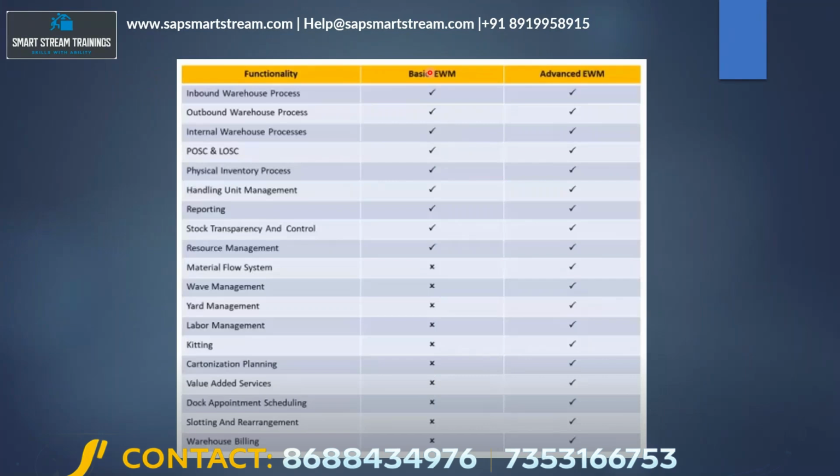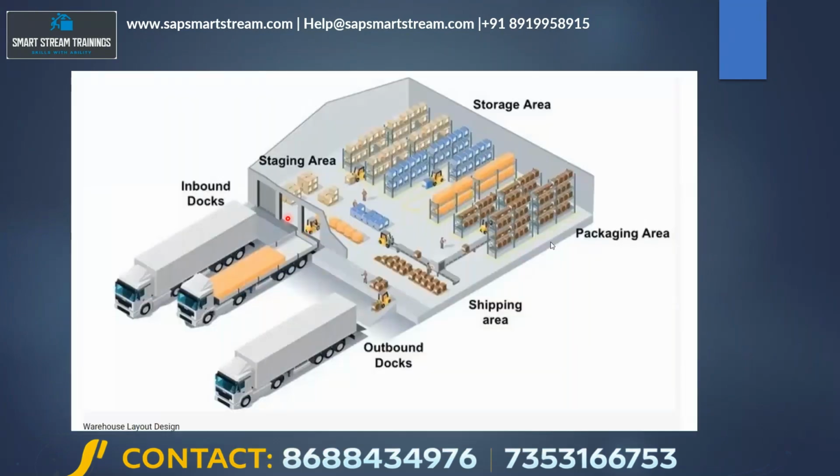So he is going to go manually. Whenever he receives the products, he is going to decide where he wants to keep them. See, here there is empty space, here there is empty space. He will take this product, he will go and keep the product here, he will decide on his own. The system is not going to tell him what he needs to do. So that is called manual put away.